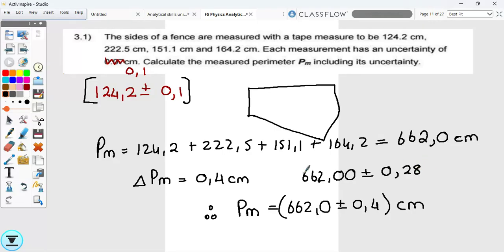Yeah. And that is why I would have to have 2 decimal places, because my uncertainty is 2 decimal places. If you left it like that, you can see this looks clumsy because we're adding random zeros with really no purpose, and we don't like doing that. And that is why I wanted you to change that value. Any questions about 3.1?